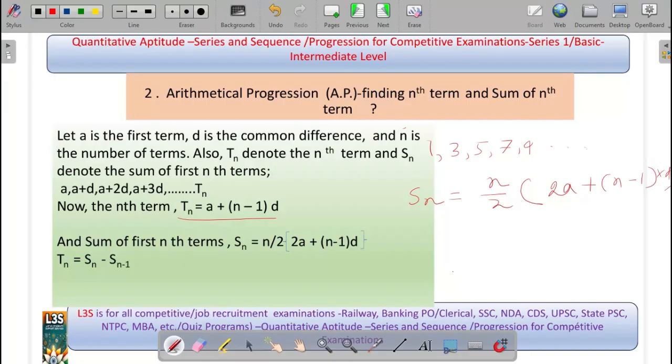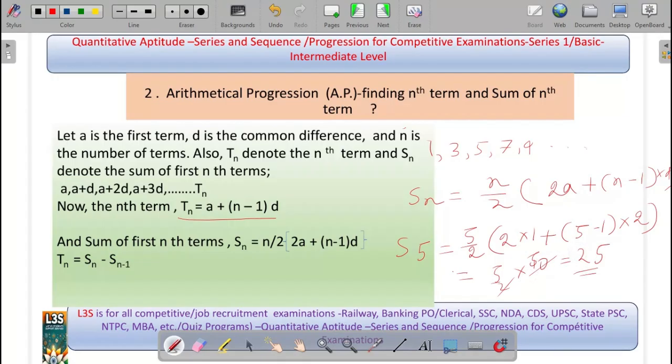So here S5 will be 5 by 2, 2 into 1 plus 4 into 2, this will be 10. 5 into 5, 25.